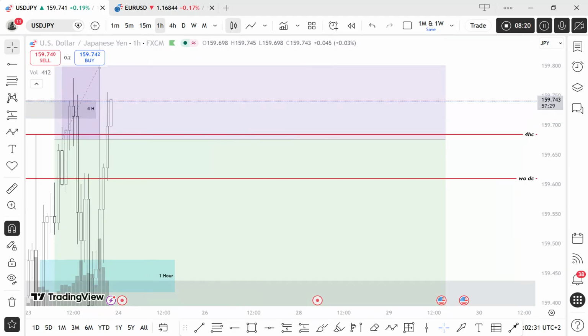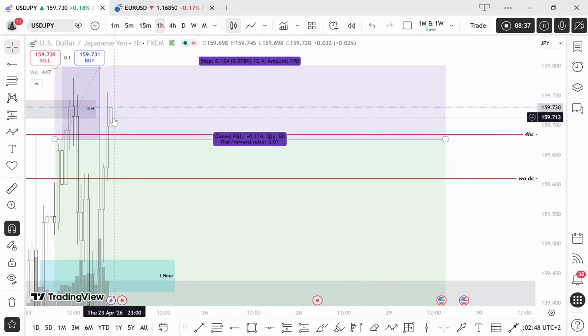To tell you the exact level, average exit 159714. I got stopped right around here, at the open of this candle, roughly.